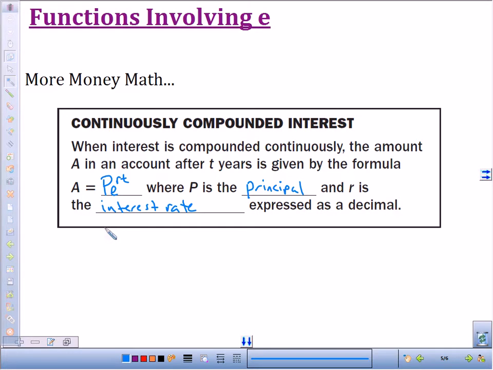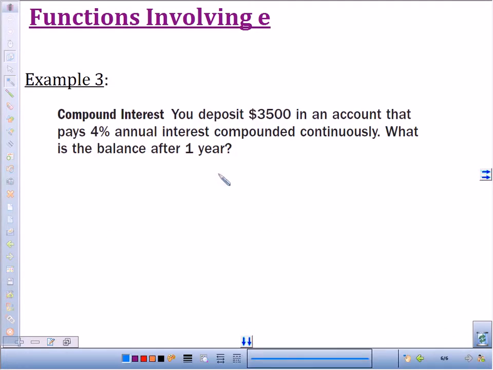Now let's look at an example of how we would use this. Unsurprisingly, it's going to be very similar to when we did compound interest that was compounded any other span of time. We have P, we have R, and we have T.